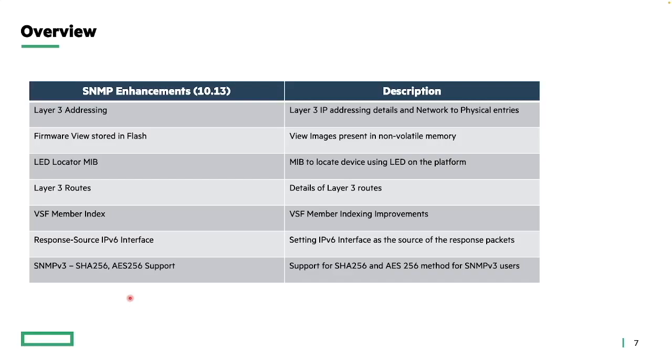It talks about how we can have layer 3 IP addressing detail of the device and IP to physical entries. We'll talk more about that in the detailed section. We also have a firmware view stored in Flash enhancement.